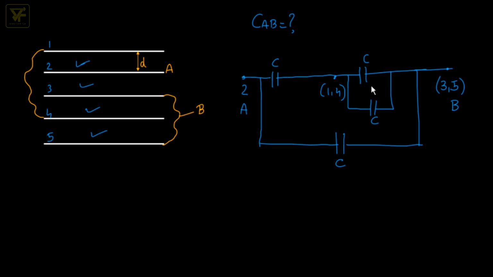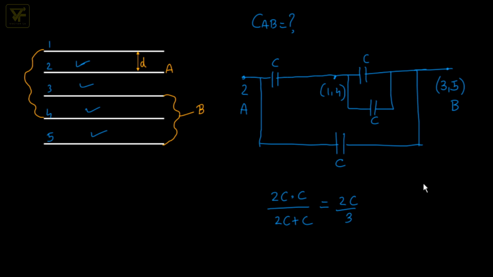Now you have to find the equivalent of all of these. This C and this C will become 2C. 2C and C in series will give you 2C into C by 2C plus C. This will be 2C by 3, the equivalent of the upper branch.